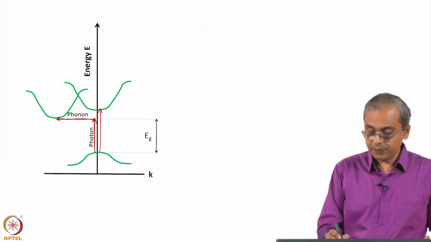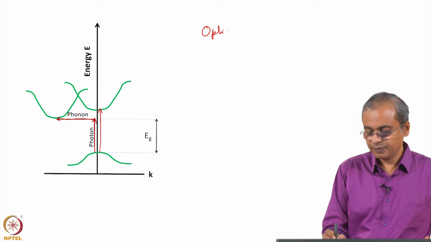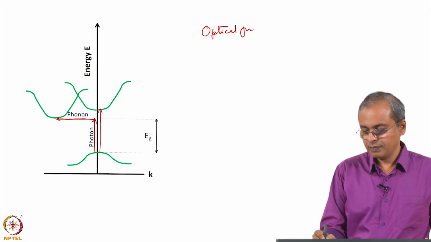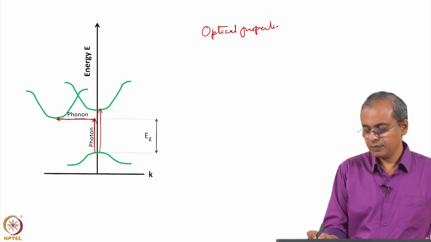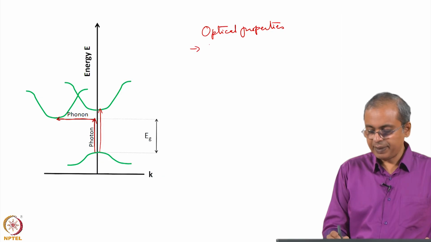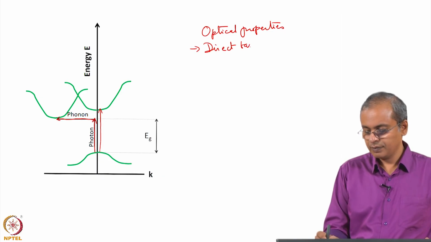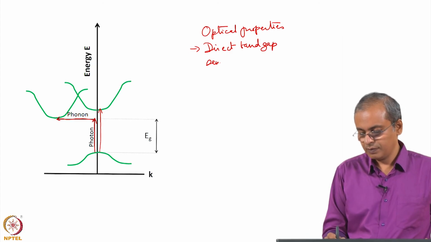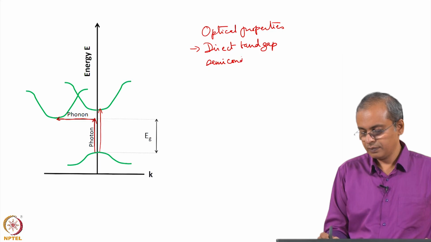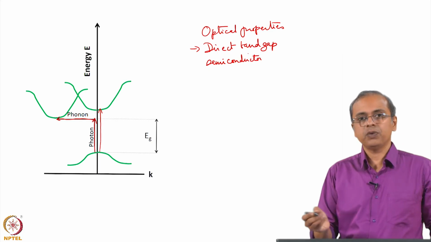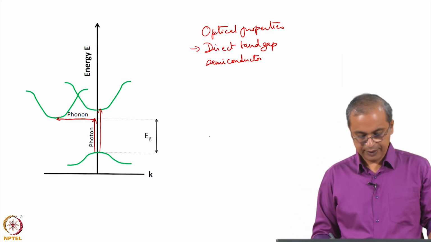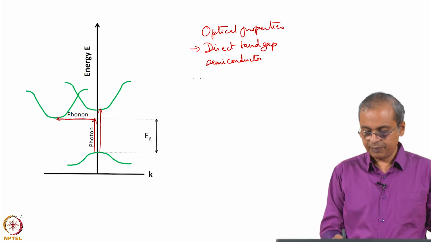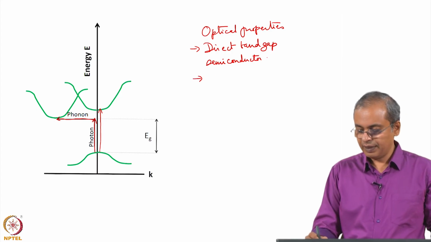And so, from the perspective of optical properties, the direct bandgap semiconductor is much more effective and efficient in absorbing the incoming radiation.